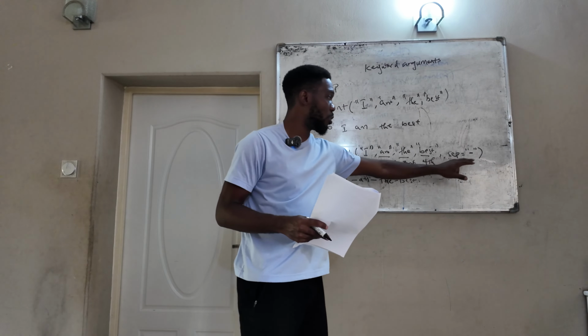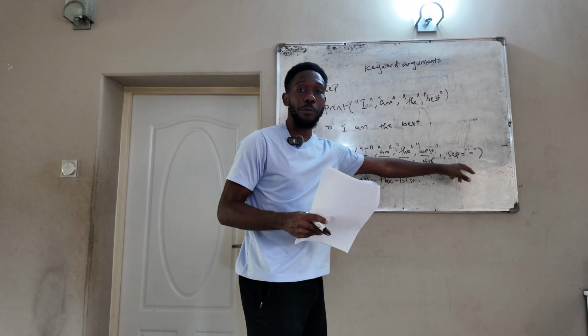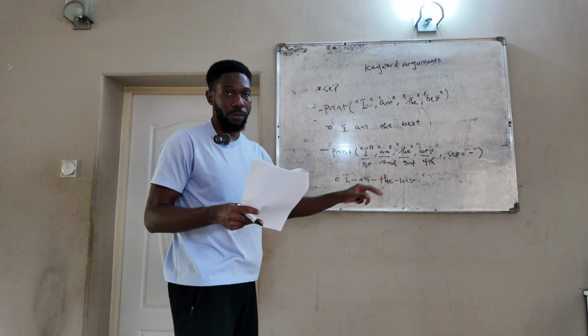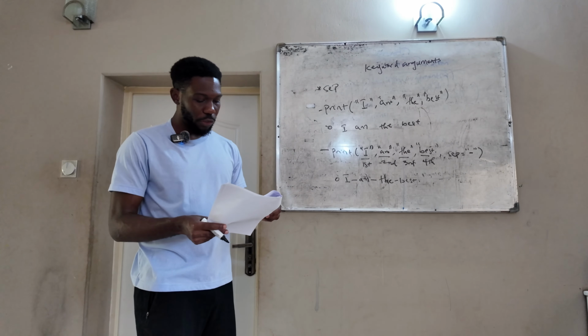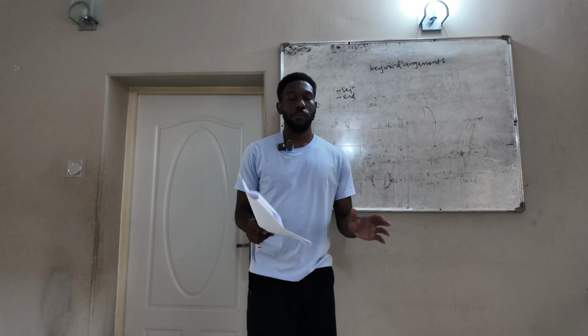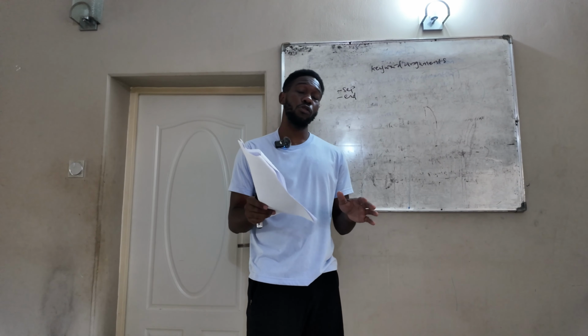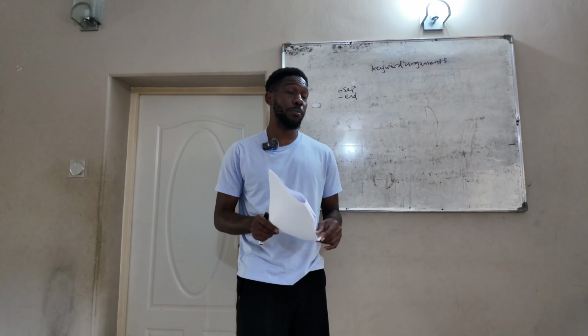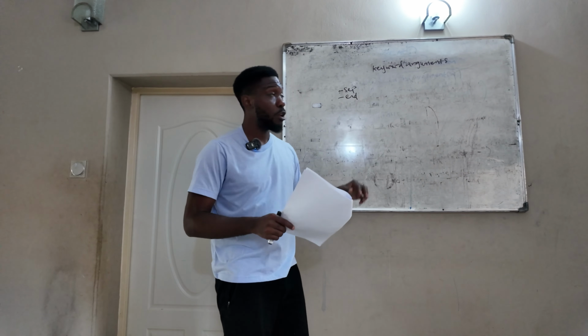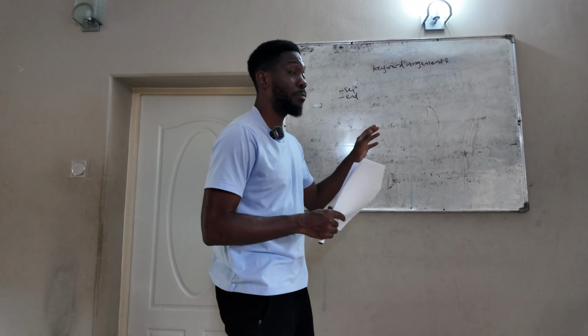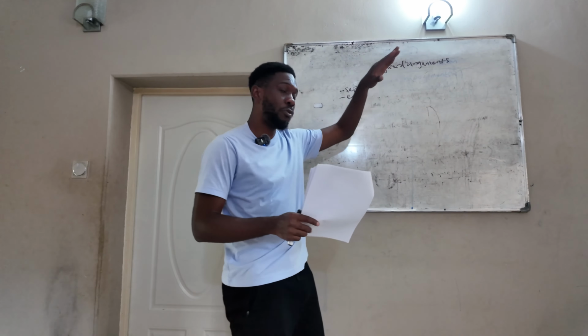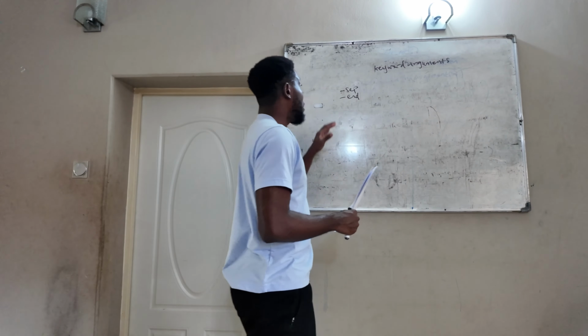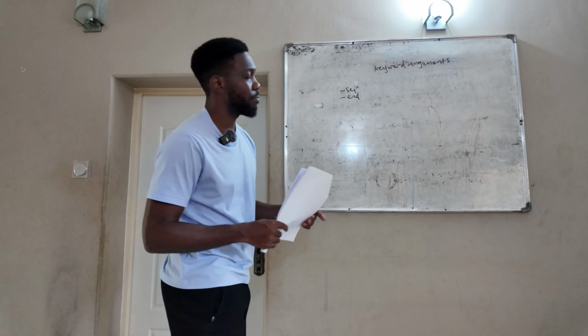So now we are using the hyphen to separate our arguments in the print function. Okay, so we've talked about the two main keyword arguments for print, which are sep and end. Now we've seen how we use them separately. We saw how we use end, we saw how we use sep. Now let's see how we can use them together.